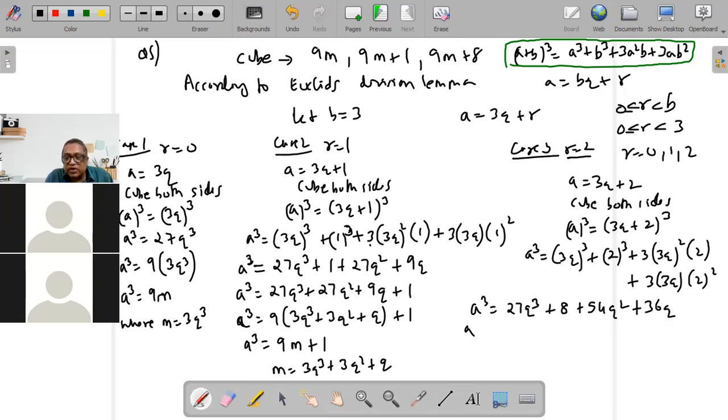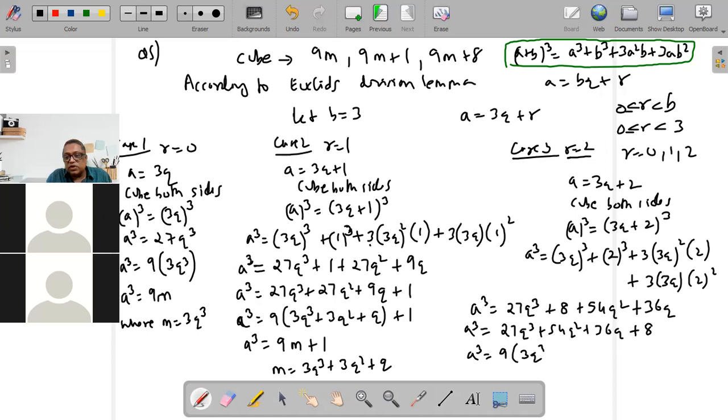Now as I did for the previous question, I am going to take the multiples of 9 together. So 27 q cube, 54 q square and 36 q I am writing together. तो ये तीनों मैंने एक साथ लिख दिया क्योंकि ये 9 के मल्टीपल्स हैं. 8 मैंने अलग से लिख दिया. So a cube is equal to 9 कॉमन लेंगे.